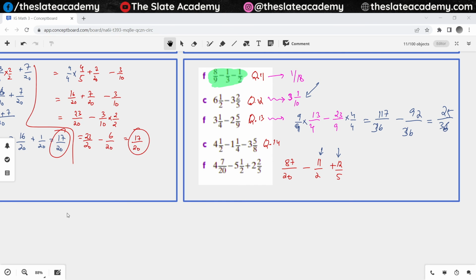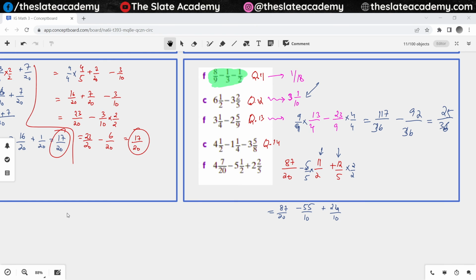No problem. So in order to do that, what do I do? I'll multiply and divide this one with 2 and the one before it with 5, right? 5 by 5 multiply. Okay, so 87 by 20 stays the same. It becomes minus 55 by 10. 24 by 10.